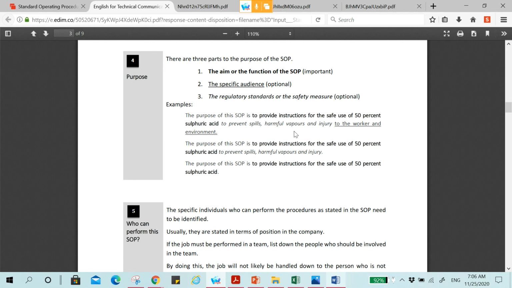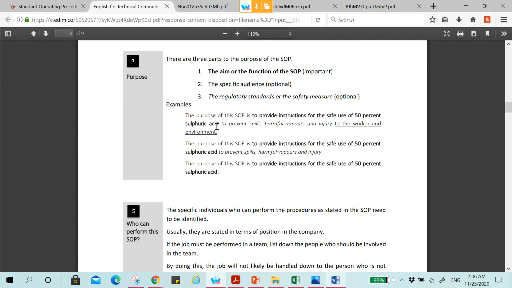So as you guys can see in this example, you provide all parts, in which it consists of the aim or the function of the SOP, this one. And then it consists of the specific audience, this one. And it consists of the regulatory standards or the safety measure, this one. So you guys can choose this way to write your purpose.